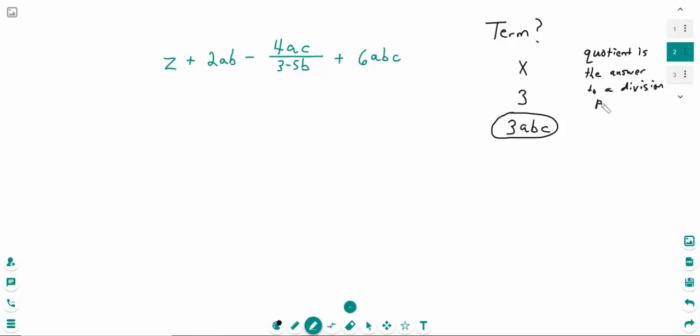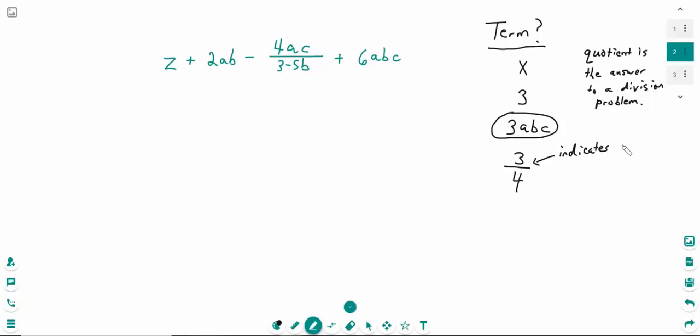So just like a product is an answer to a multiplication problem, a quotient is the answer to a division problem. So another way that we could have a term would be if we have an indicated division problem, an indicated quotient. All right. So an example might be, we could do pretty much any fraction, because remember this fraction line here indicates division.